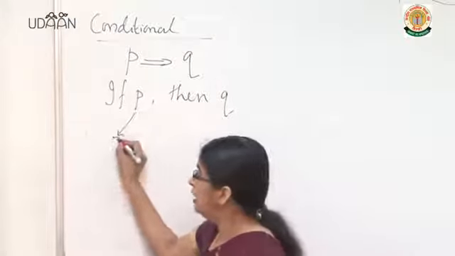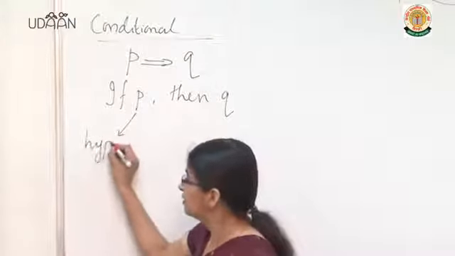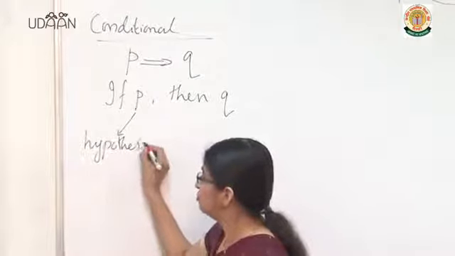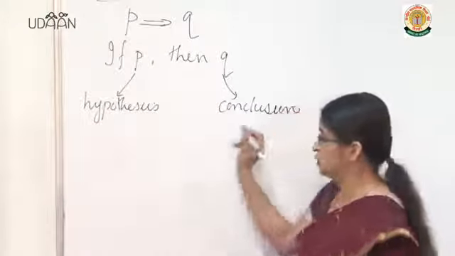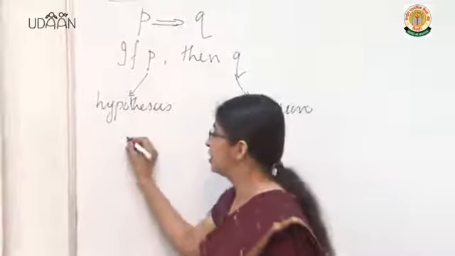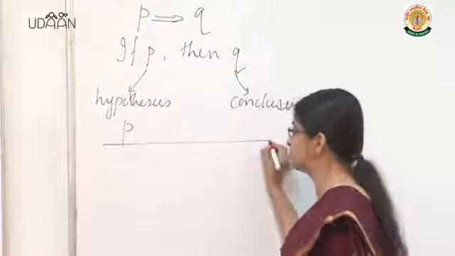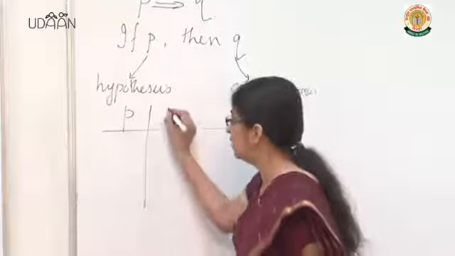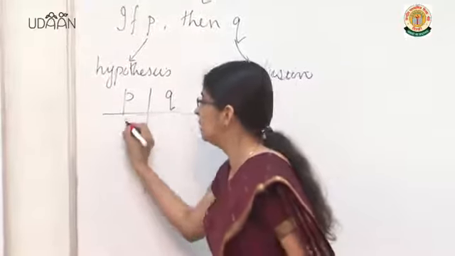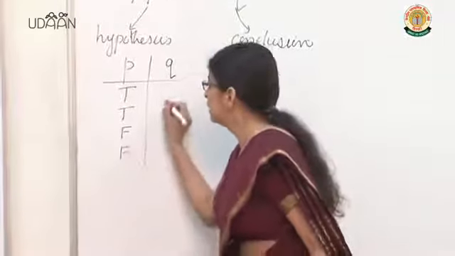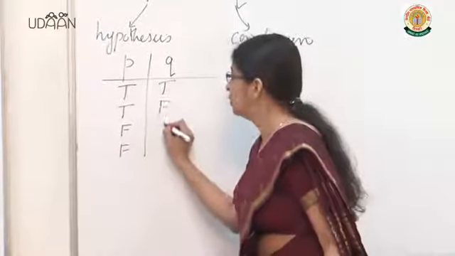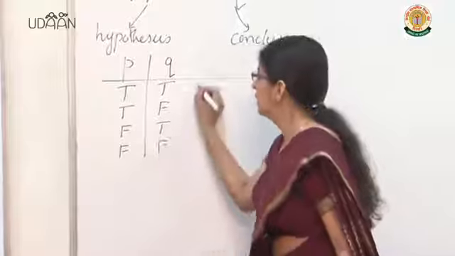Here, P is called the hypothesis and Q is called the conclusion. Let us make the truth table for this conditional statement. Again, 4 possible rows: true, true, false, false; true, false, true, false.